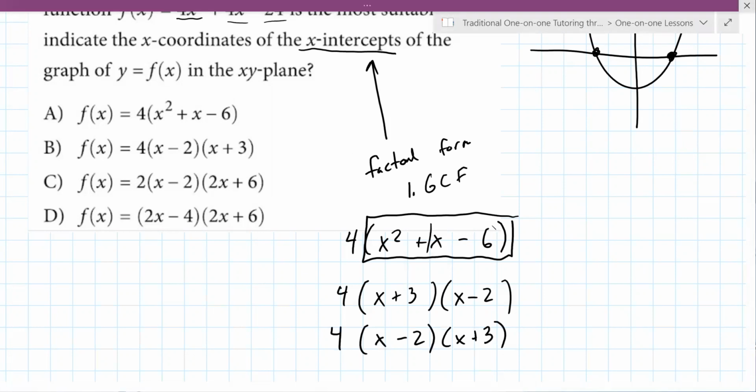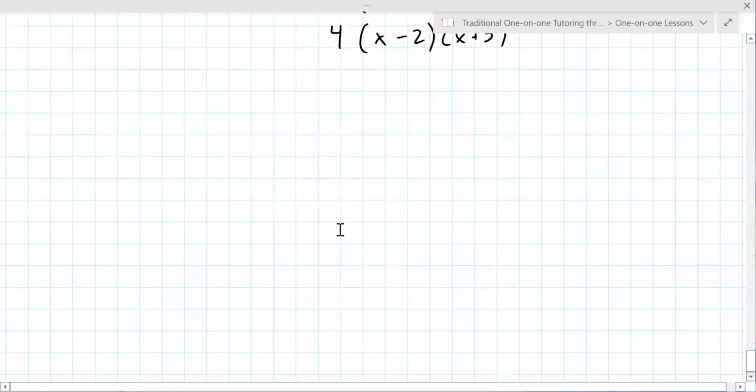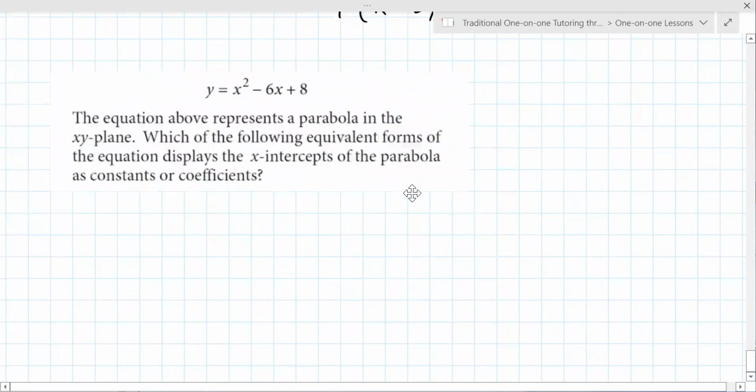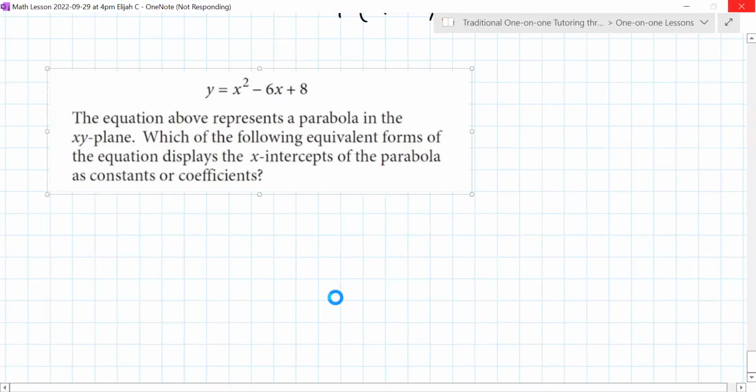All right. So I want you to apply that same approach to this problem here, but I'm not going to give you the answers yet. So I want you to factor that equation for me. Because x doesn't have a number in front of it, I can't really go any further, right?